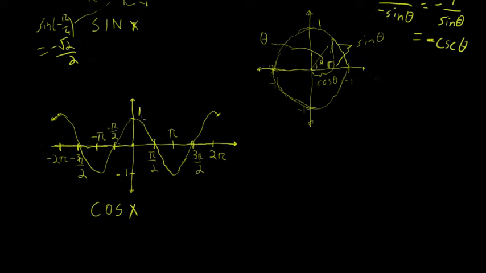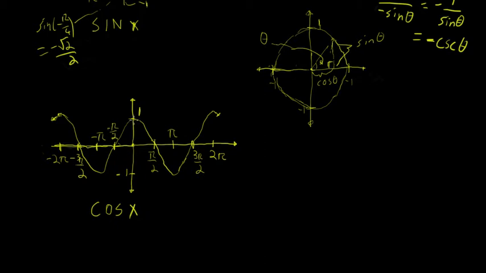Now I've drawn the cosine function, and I've drawn two periods of it. One period is one unit in which it repeats.